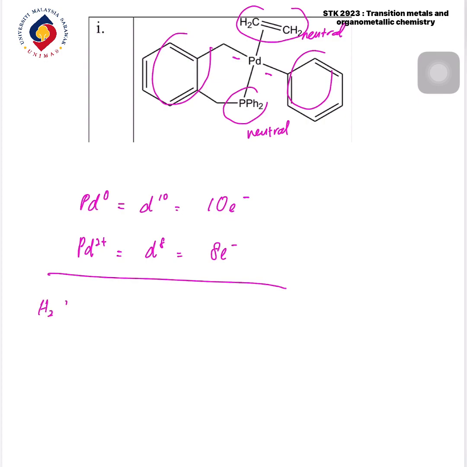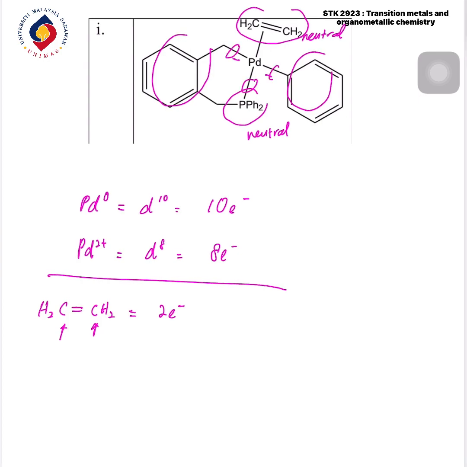The neutral ligand has 2 electrons. It is neutral because it has 2 carbons. And then the other 3 bonds, 1 bond equals 2 electrons.